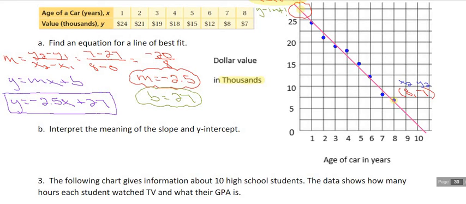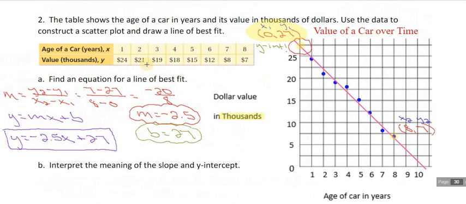Now, before we get too far, what does our x represent? Well, we don't have to use much in terms of context clues. We've got a table here. x represents the age of a car in years. So right there, let x equal age of car in years.